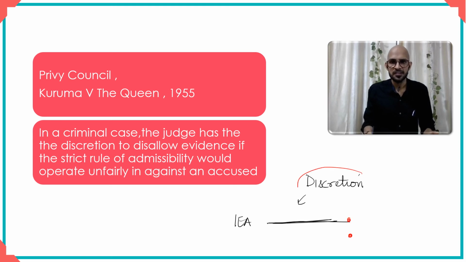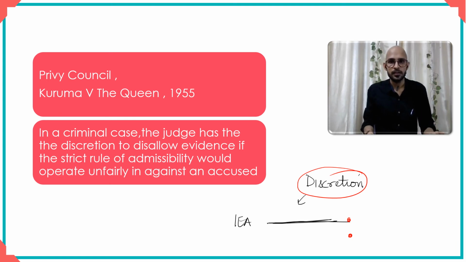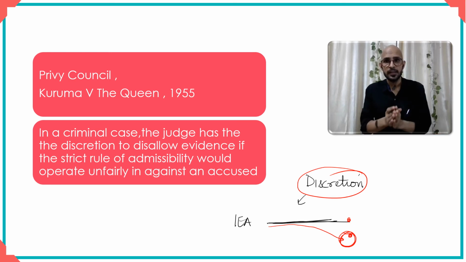So now the judge has the discretion to not follow that path and then take a different path so that you reach your destination. Okay. So in case it is found that the substantive law or the substantive justice is not being served by strict adherence to the procedural law, the procedural law can be departed from.